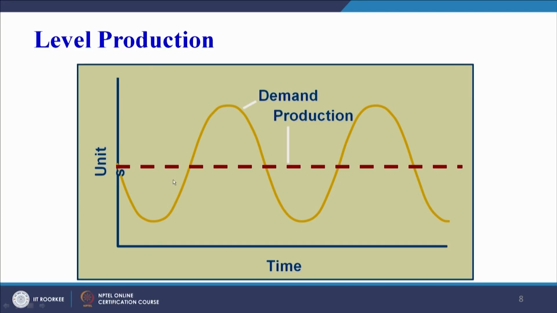So this is the extra production that we will utilize here. Some extra production we are doing here because the demand is less, but we are producing at the level production. So we are able to satisfy this additional demand with the inventory generated during the lean period of the demand.